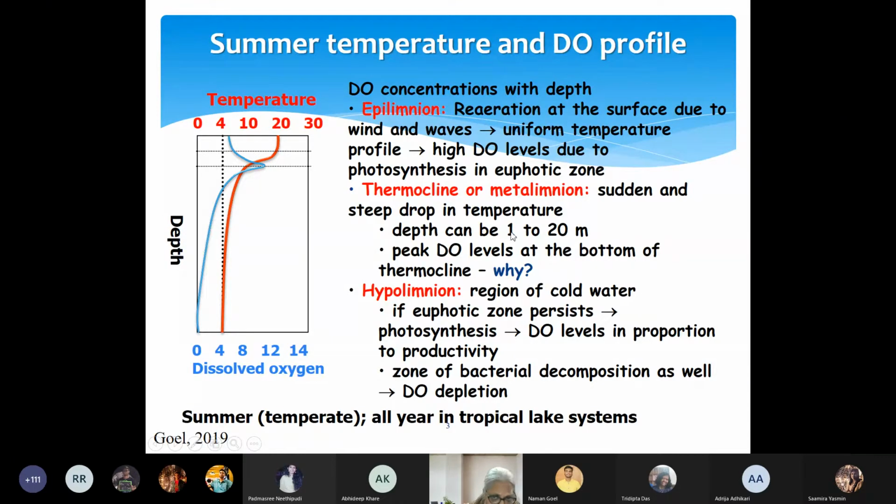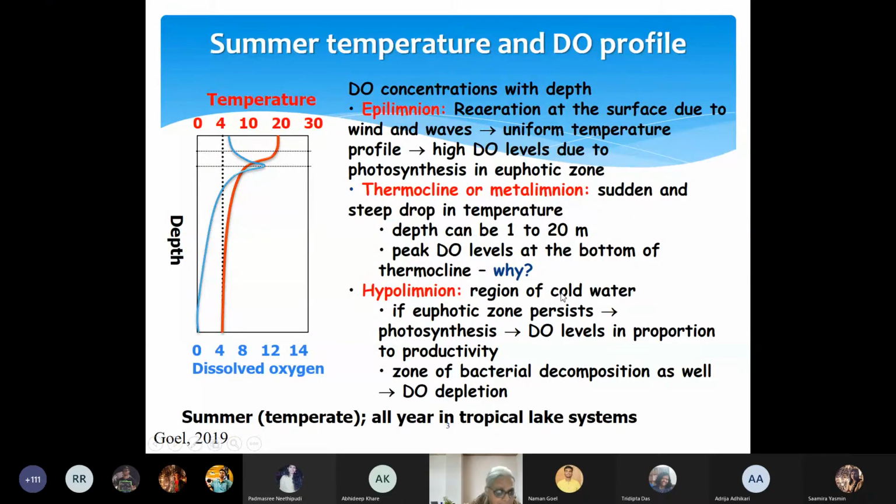The depth can be as shallow as 1 meter or even as deep as 20 meters. It all depends on the water quality, because as long as light is penetrating into the depth of the water, the light is heat as well. So it's heating the water. So that is another reason why you have a fairly uniform profile here.